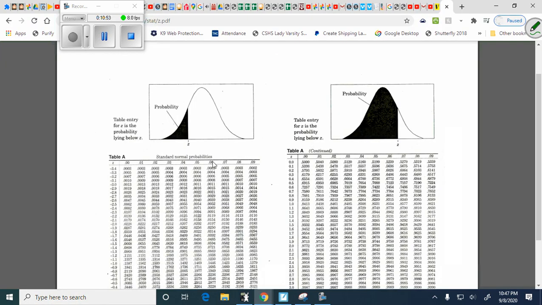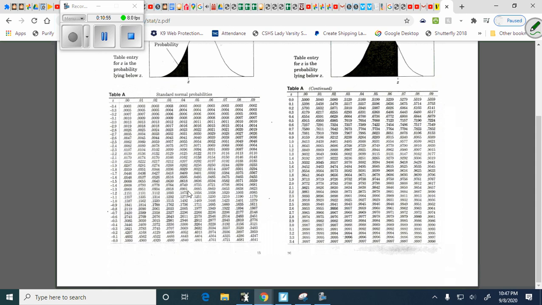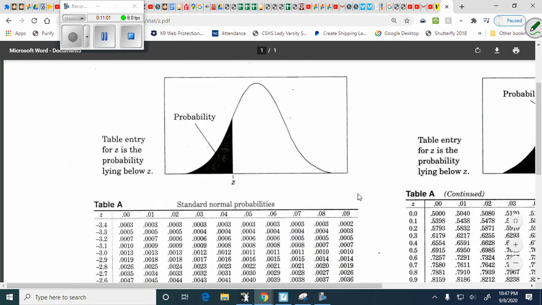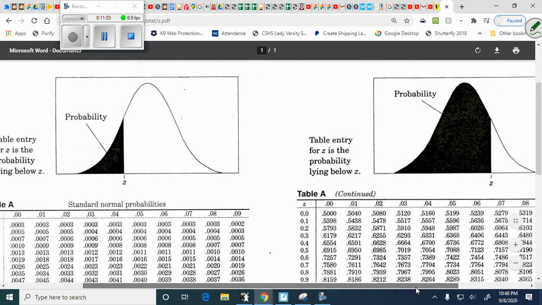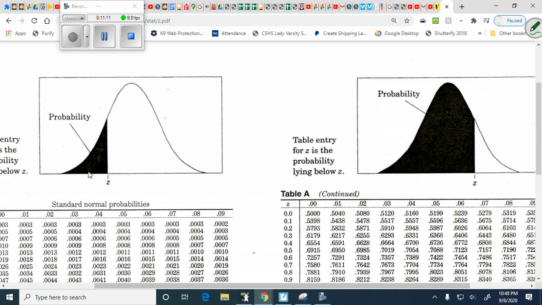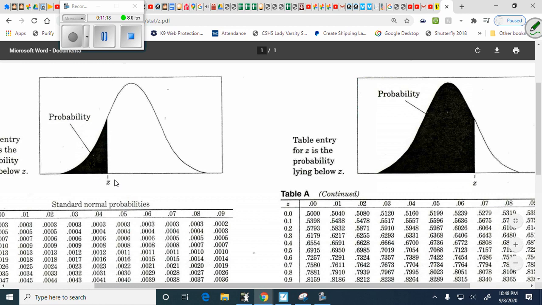This is the table of standard normal probabilities, and it's got just a bunch of numbers on it. So let's see what we can tell from this. First of all, you notice at the top of this particular table, there's a normal curve with the left side shaded. This will end up being important because as you use other books or other resources, sometimes they have the right side shaded, sometimes they have some middle section shaded, and it's important to see what's shaded so you'll know how the chart works.